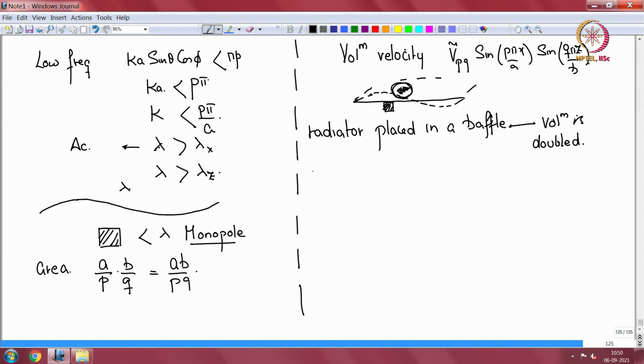So my volume velocity now, let's say Q PQ, is given by twice V tilde PQ integral from 0 to a by p and integral 0 to b by q of sine p pi x over a sine q pi z over b dx dz.